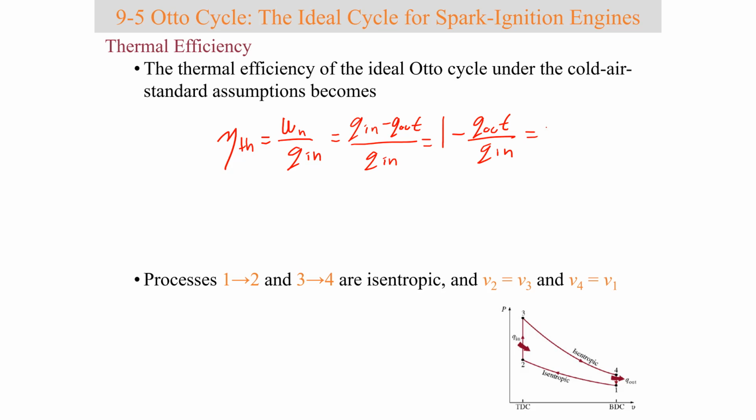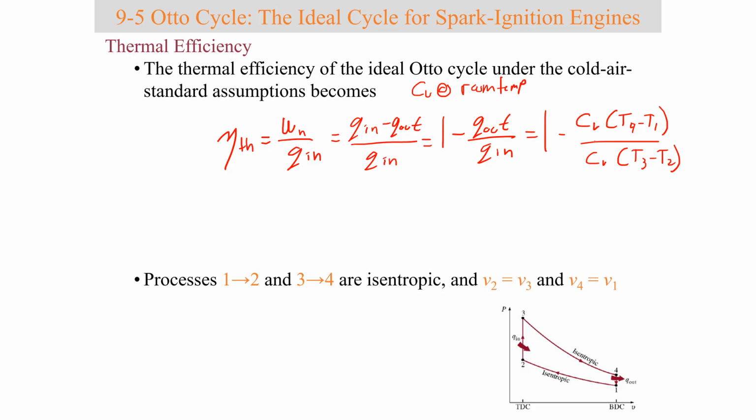Now I can replace Q in and Q out as CV delta T. And if you remember, according to cold air standard assumptions, CV is evaluated at room temperature.